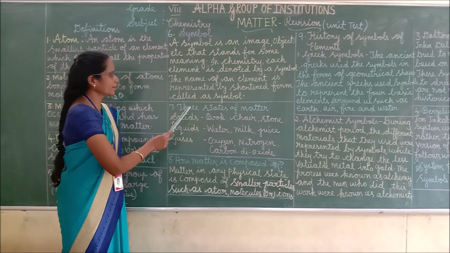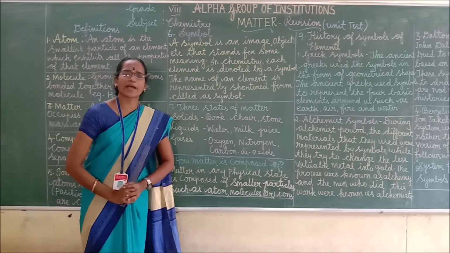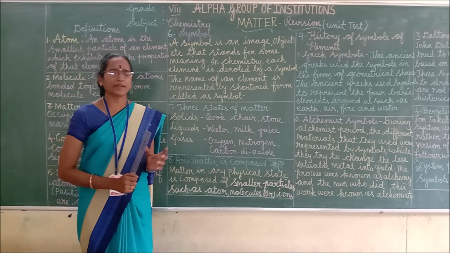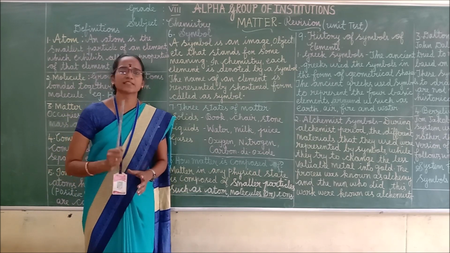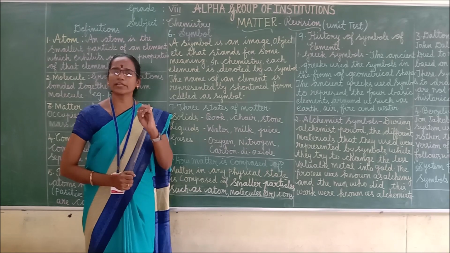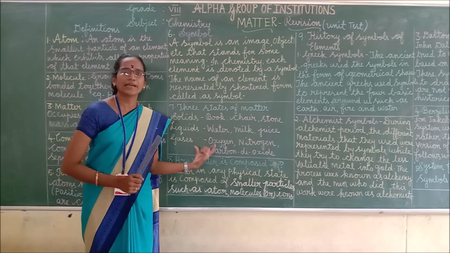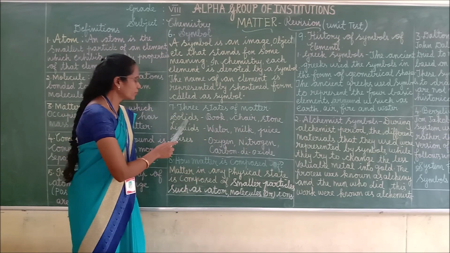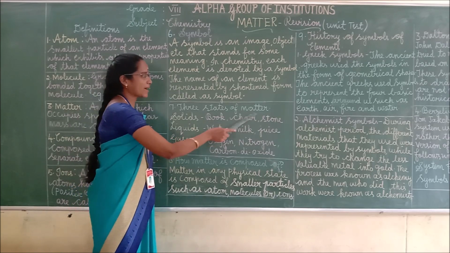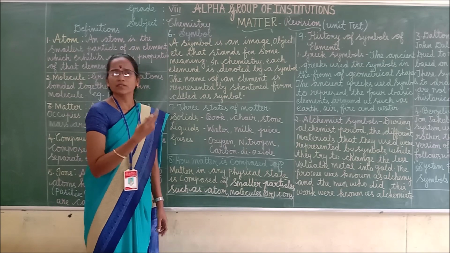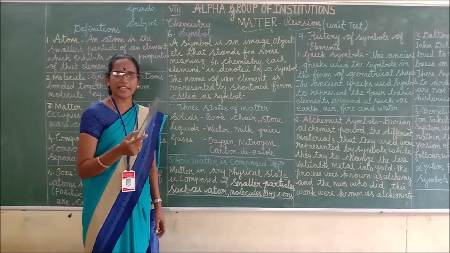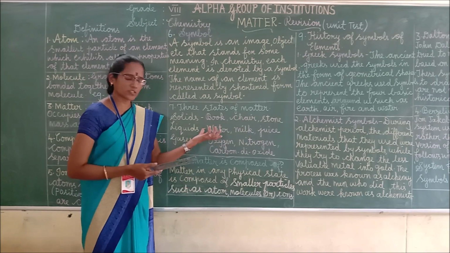Okay. Next one. What are the three states of matter? You know very well, isn't it? The three states of matter are solids, liquids, and gases. Also, you should give minimum 3 examples for each physical state. For solids: book, chair, stone, this green board, fan, table, this cake, everything will come under solid.